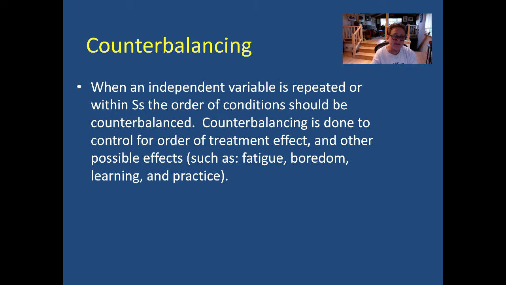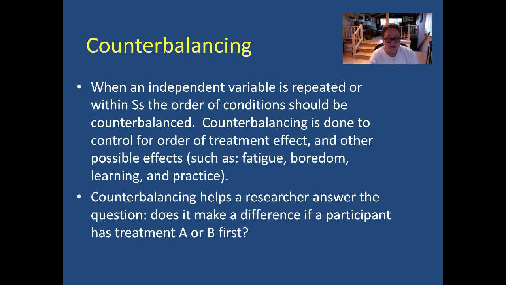Remember that in a repeated measure, the subject is getting more than one treatment. So by counterbalancing, I'm making sure that I look at the order effect. Counterbalancing helps a researcher to answer the question, does it make a difference if the subject has treatment A first or treatment B first? You could even have a treatment C, and you'll see that in the next slide.